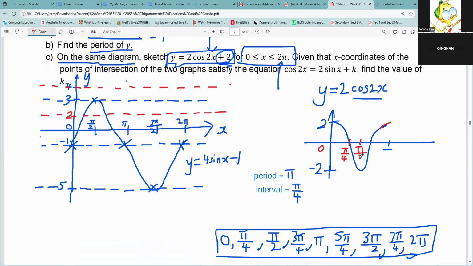And this is going to be from 3 pi over 4. This is going to be pi. Okay. And if you're going to draw it again, it obviously looks like this. So you need to draw twice. Okay. It looks a little bit funny, but you know what I'm saying. So basically now, this one also. This one is going to be 5 pi over 4.